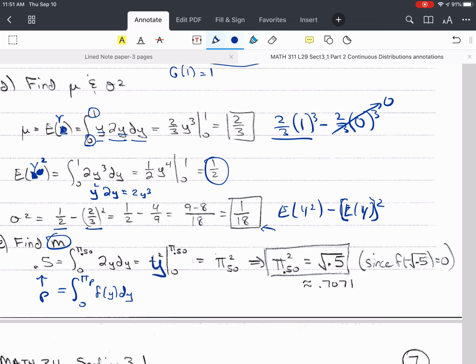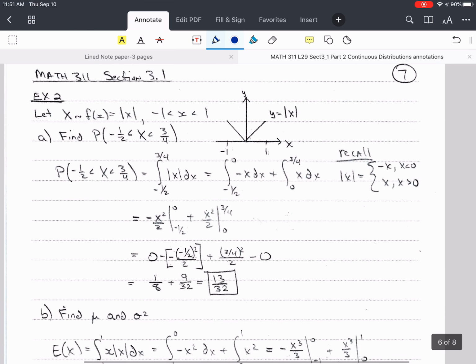So y squared from 0 to pi sub 0.5, and this is 0.5, is going to give me pi sub 0.5 squared. And that is equal to, remember, 0.5. So if I want to solve for pi sub 0.5, it's going to be the square root of 0.5. And remember that f of negative square root of 0.5 is 0 because it's outside the support of y in this case.